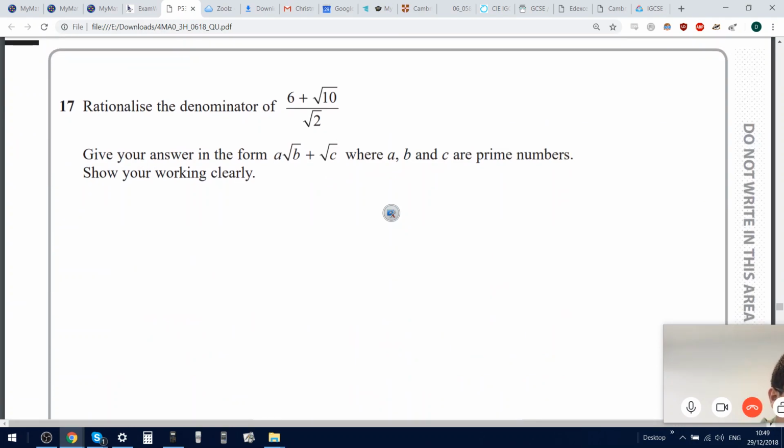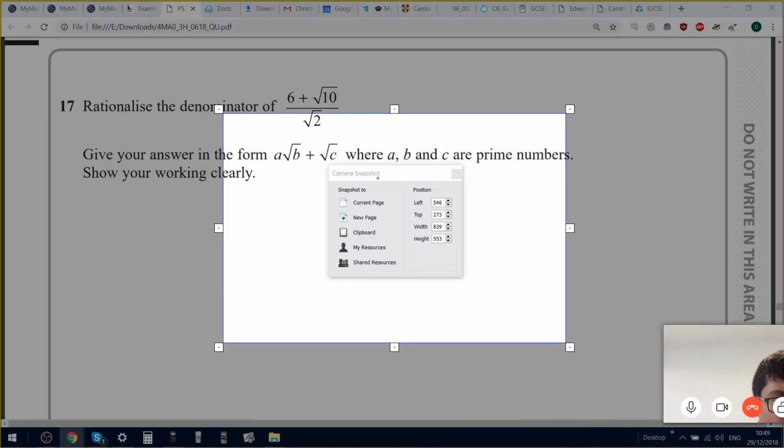How would you do this one? 6 plus root 10 over root 2 equals, we times both sides by root 2, so 6 root 2 plus root 20 over 2. And is that it done? No, not yet.